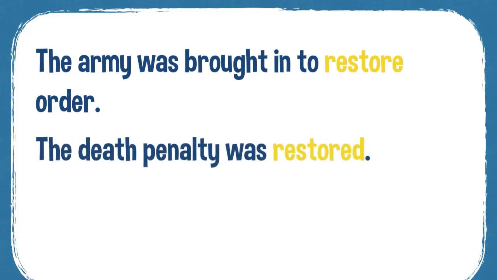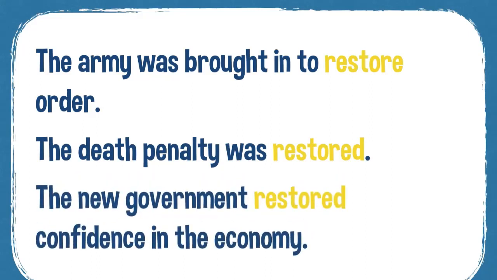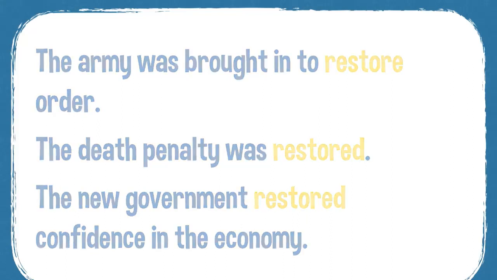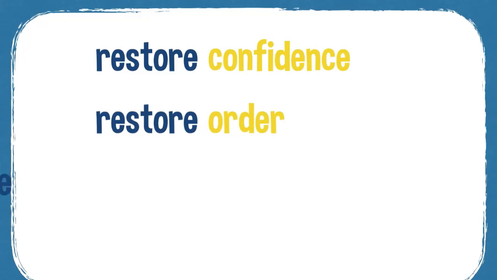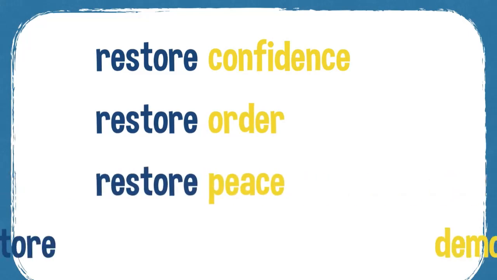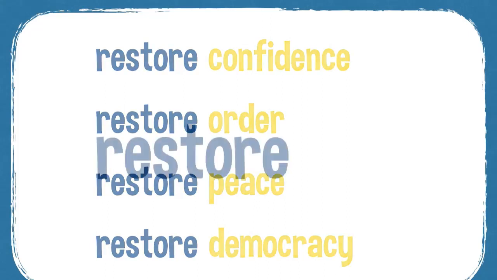The death penalty was restored. The new government restored confidence in the economy. And we restore confidence. Restore order, that's a common collocation. Restore peace. Restore democracy. Note the pronunciation of restore.